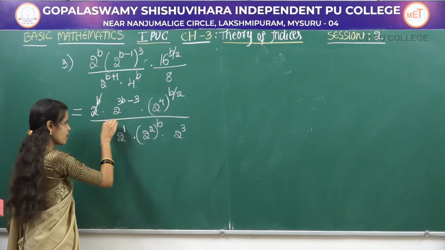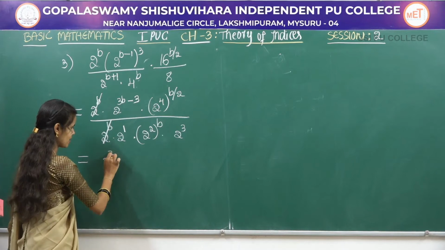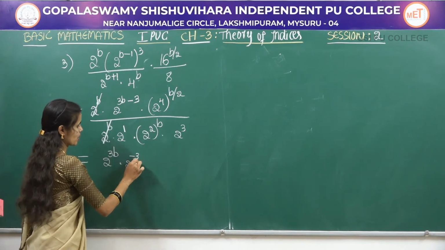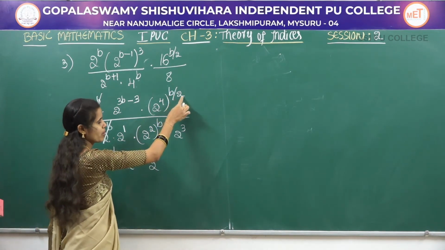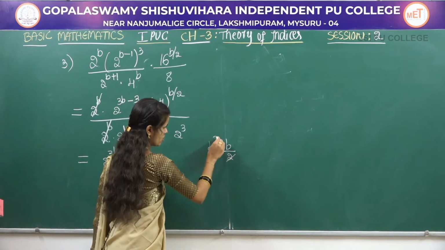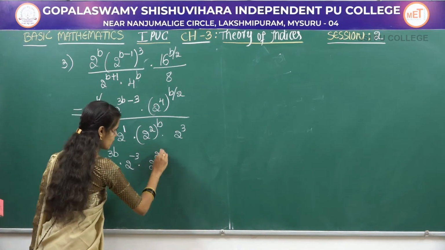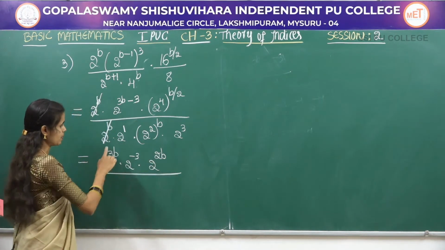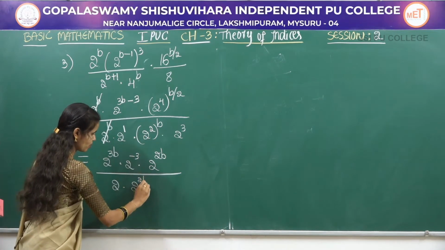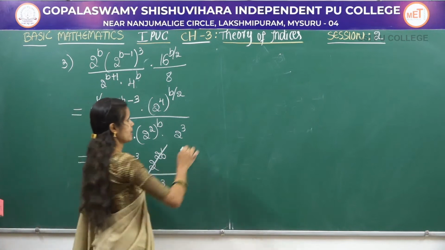Next simplify. 2 to the power of b, 2 to the power of b get cancels. Here 2 to the power of 3b minus 3 can be done as 2 to the power of 3b into 2 to the power of minus 3 into 2 to the power of 4 into b by 2. 4 into b by 2 is 2b. 2 to the power of 2b divided by 2 to the power of 1 is 2 into 2 to the power of 2 into b, 2b into 2 cube. 2 to the power of 2b, 2 to the power of 2b get cancelled.